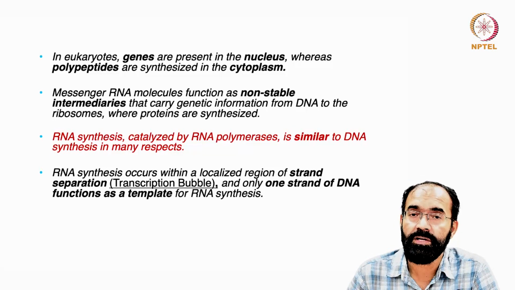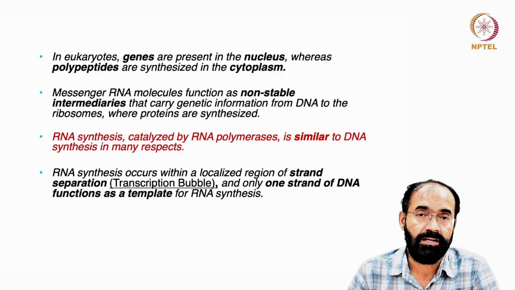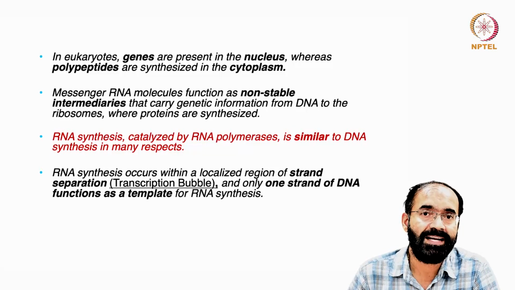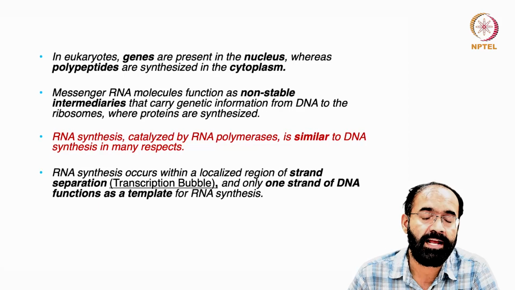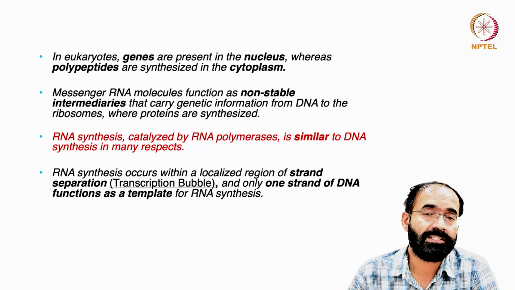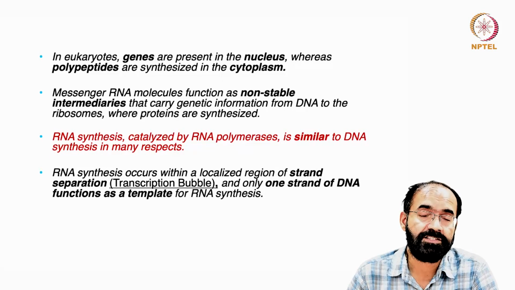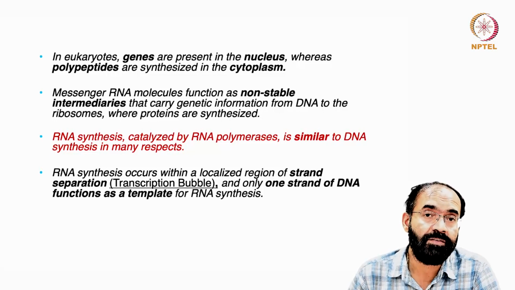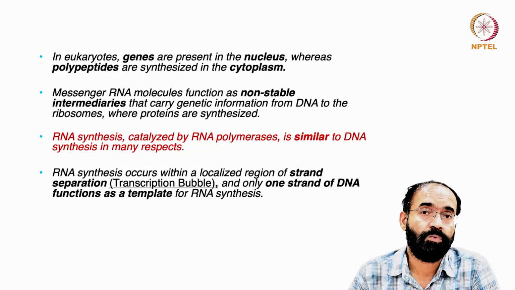The coding information is present on one strand in that particular context, whereas some thousands of base pairs down the line, in the 5' or 3' direction, you can have the other strand coding for proteins. So there is no rule that only one strand will act as the template. In a given context a given strand acts as the template, but for another gene the opposite strand may contain the information.